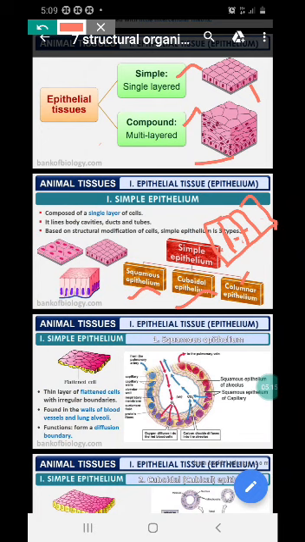So, what are the types of simple epithelium, children? According to the shapes, they are squamous, cuboidal, and columnar. Now we'll see each of these simple ones in detail.